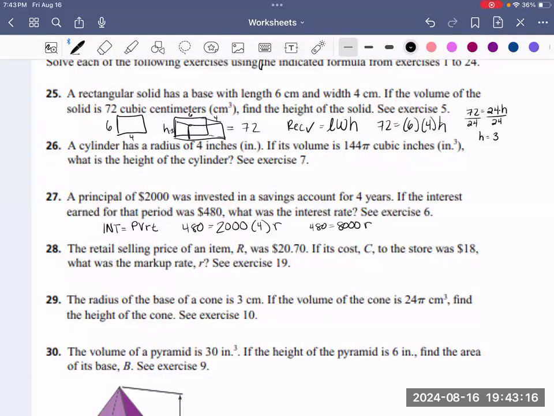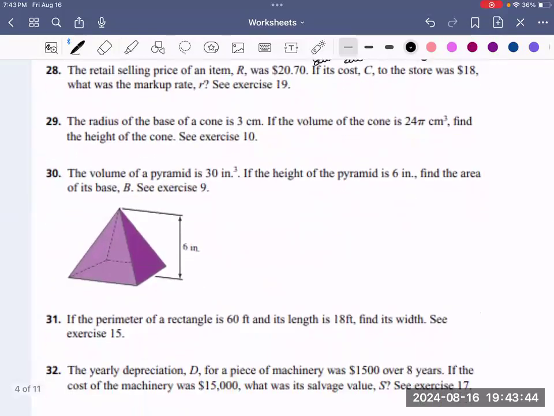Then R. So then R, in order to get R alone, we're going to have to divide 480 divided by 8,000. So divide by 8,000. R is equal to 0.06 or 6%. To go from a decimal into a percent, you're just moving that decimal place over 2 to the right-hand side.